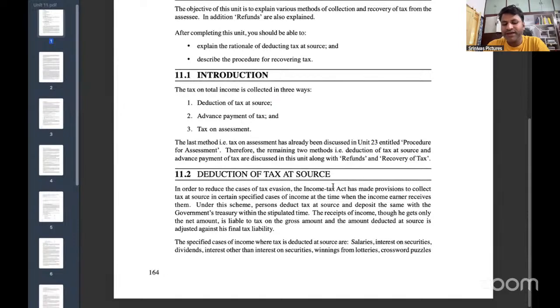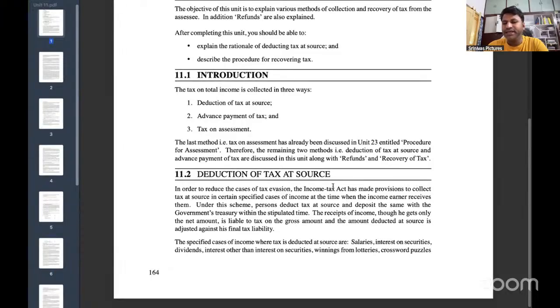Whatever I deducted at source, that amount I deposit in the treasury within the stipulated time period. In that case the earners need not pay any tax. That is the process of deduction of tax at source.